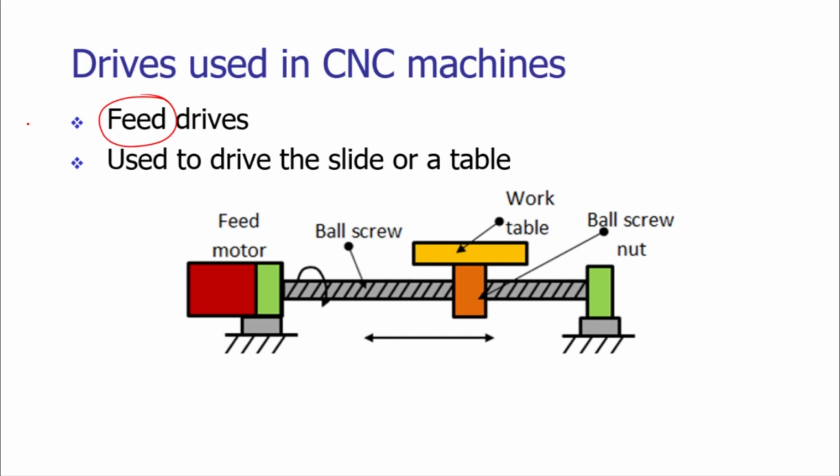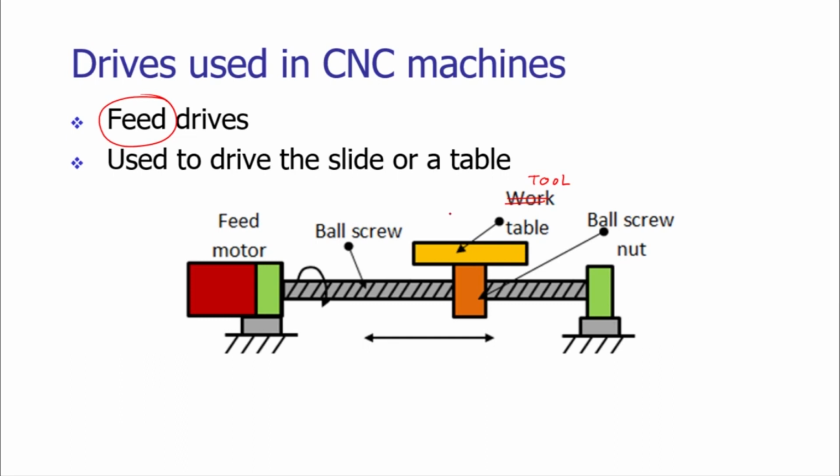To feed the workpiece to the tool, we have to have the relative motion of the cutting tool with respect to the workpiece. For that purpose, we should have a table. On the table, we mount the tool, and this tool movement is carried out with respect to the workpiece.